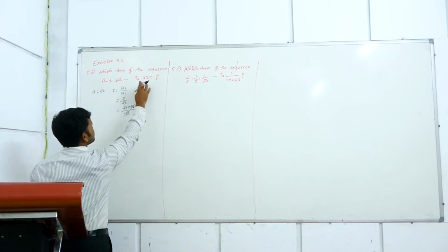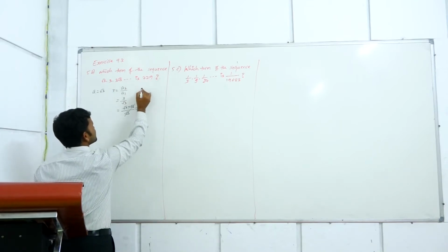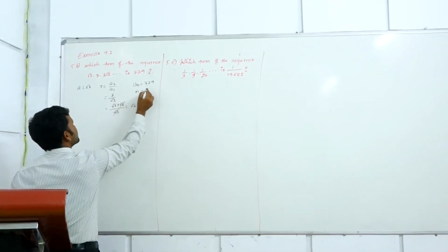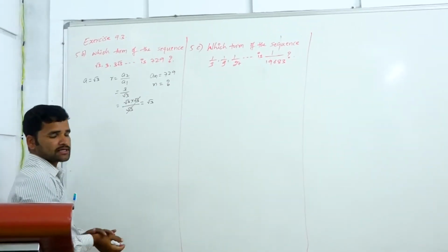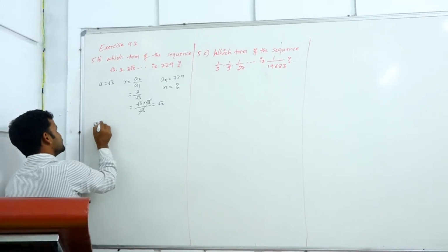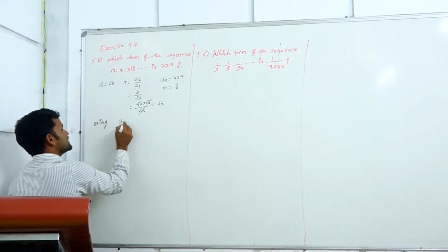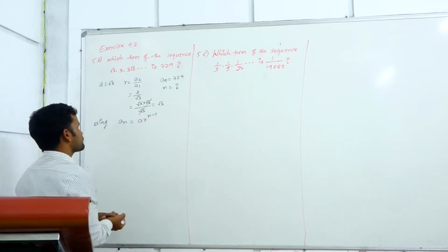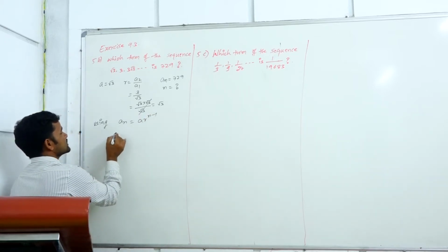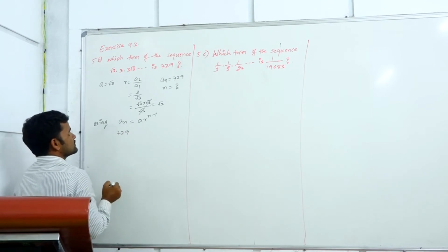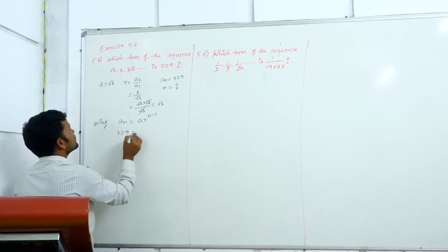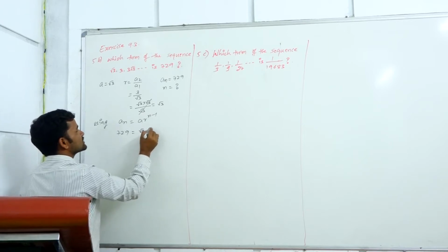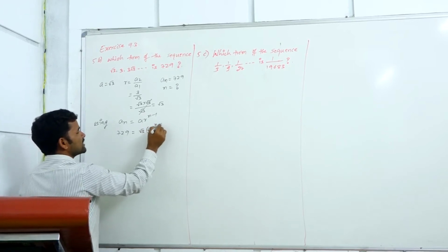Which term is 729? It means a_n is given to you, 729, and n is equal to question mark. Using the formula for nth term, a_n is equal to a into r to the power of n minus 1. Substitute these quantities: a_n is 729, a is root 3, r is also root 3, whole to the power of n minus 1.